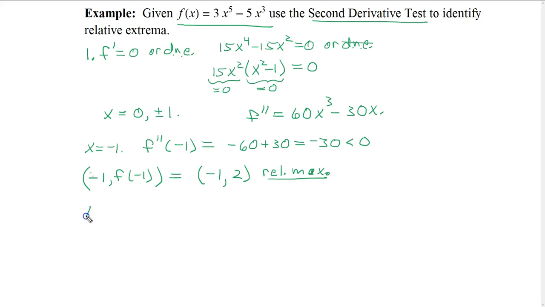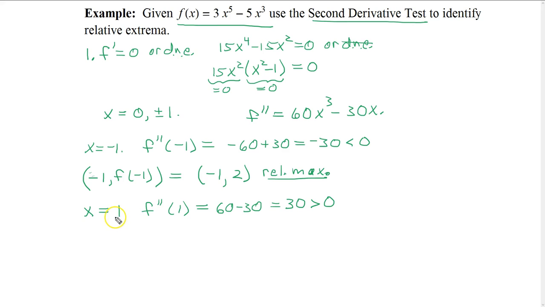Now let's look at x equaling 1. So if we take the second derivative, evaluate it at 1. So putting 1 in here for x, here and here, we're going to get 60 minus 30, which is positive 30, greater than 0.